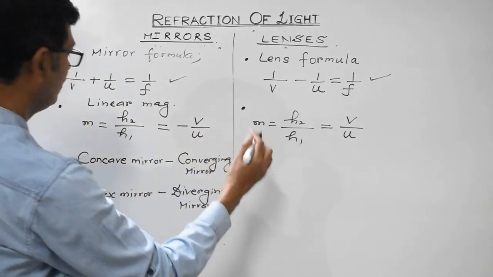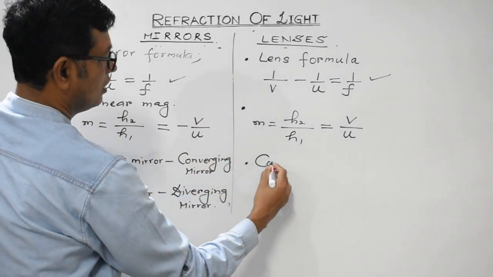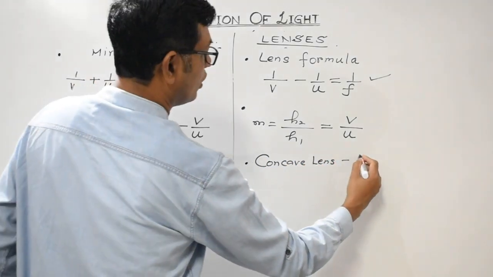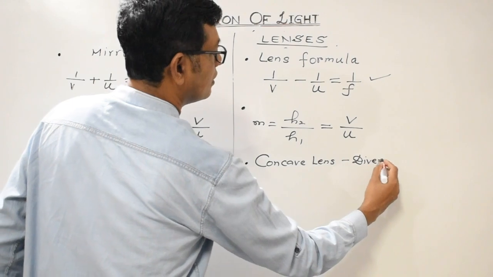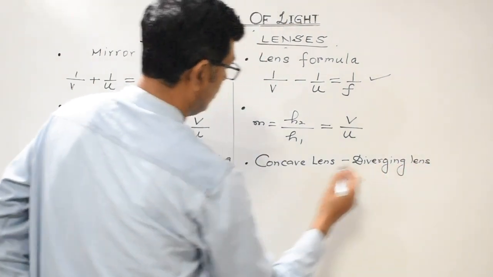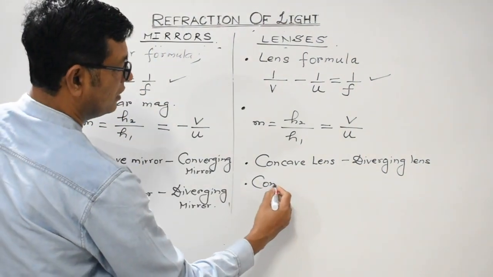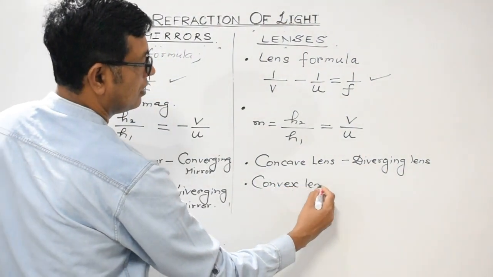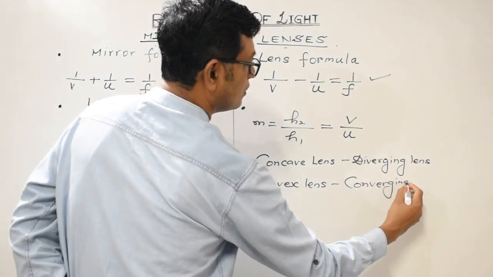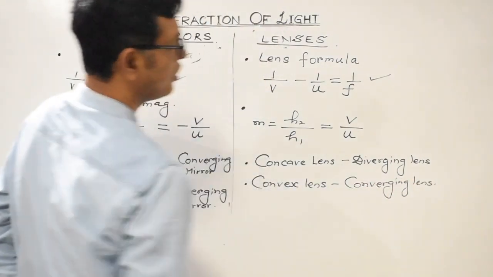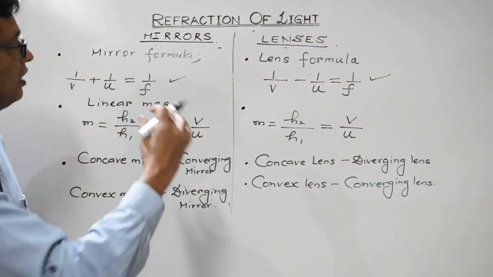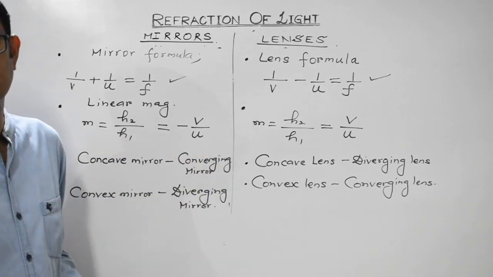While in the case of lenses, we have discussed concave lens. It is known as a diverging lens. While on the other hand, convex lens is known as the converging lens. So these are essentially some very important comparative study between mirrors and lenses.